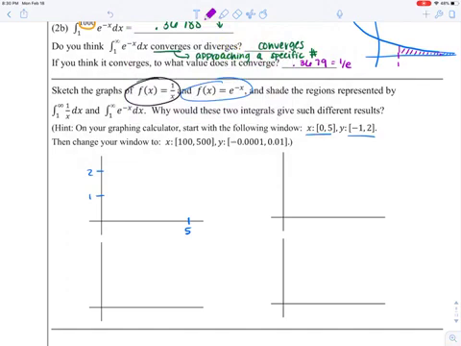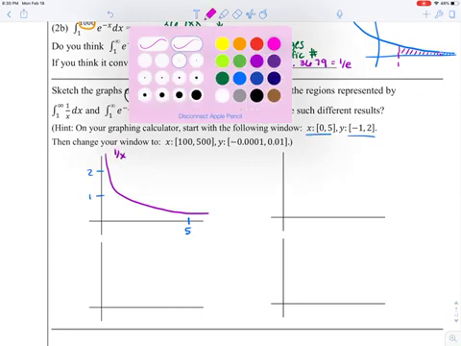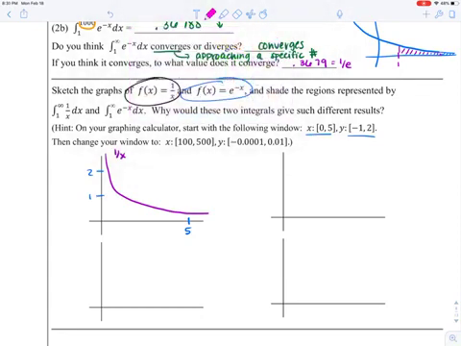If you graph 1 over x, you get something that kind of looks like this. So this is the graph of 1 over x. And if you were to graph e to the negative x, you get something that looks like this.